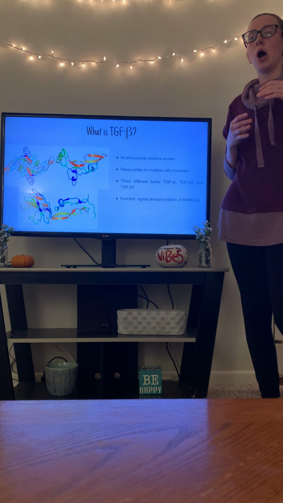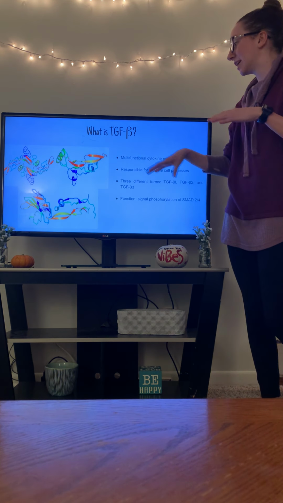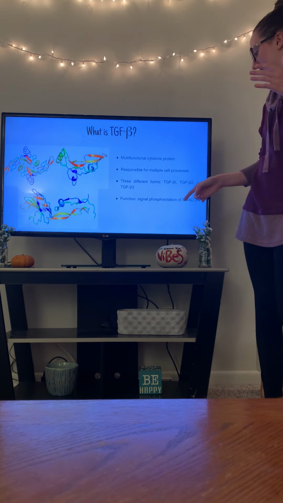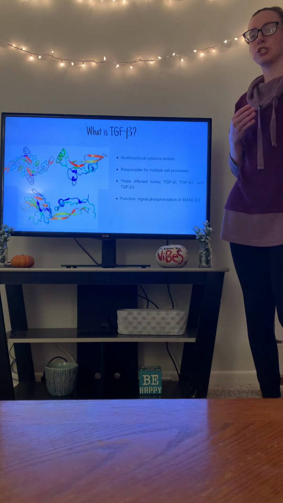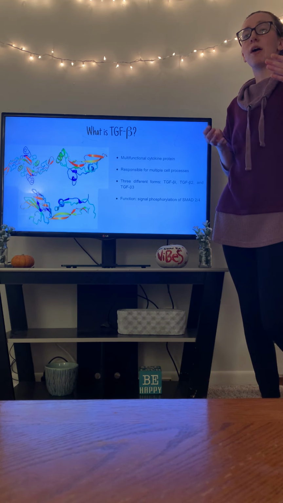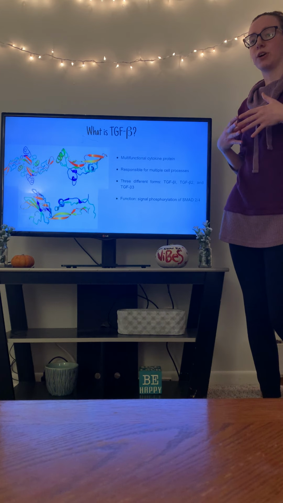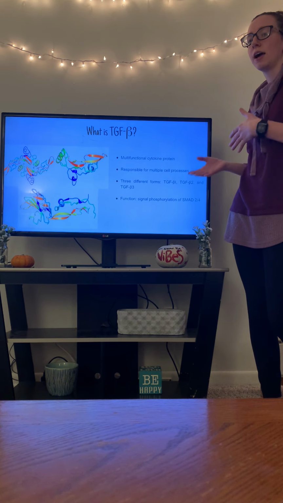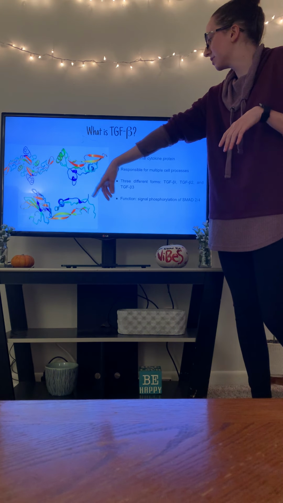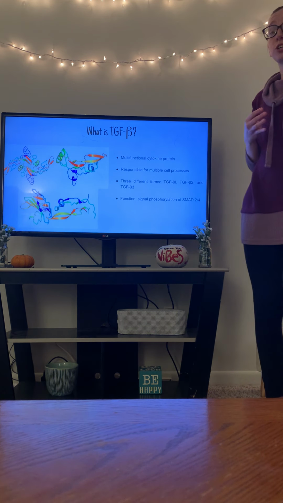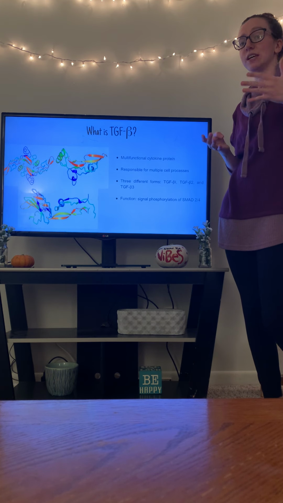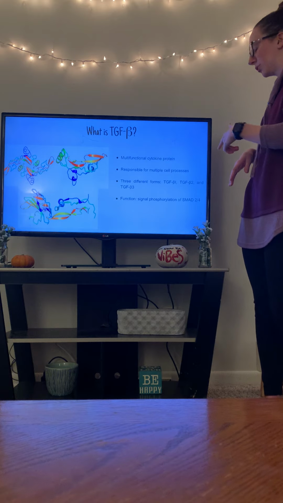They have different structures and different ways of causing this SMAD2/4 phosphorylation, which eventually leads to gene expression. However, they all work together to do that. As you can see, they all have different structures, and the different structures are what cause their different functions and different roles in causing this phosphorylation.